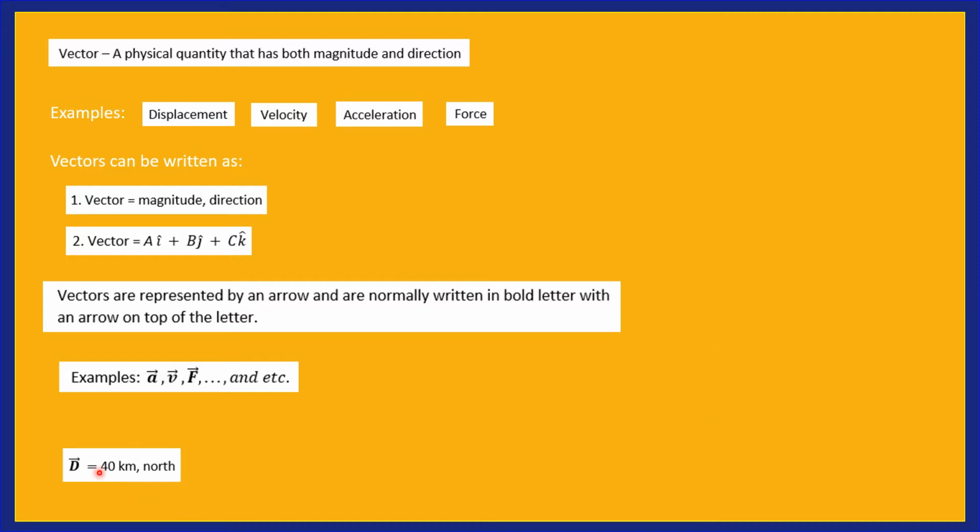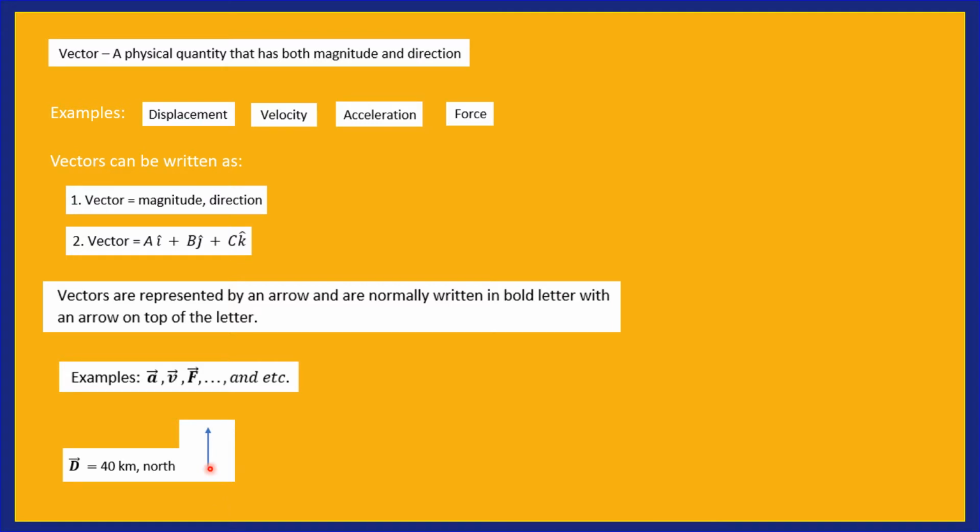Let's say a car travels 40 kilometers north. So this is the magnitude, 40 kilometers, comma, and then north is the direction. In a diagram, we have this arrow here that is pointing north. An arrow has a tail, so this tail represents the vector's starting point, and the arrowhead gives us the direction of a given vector.